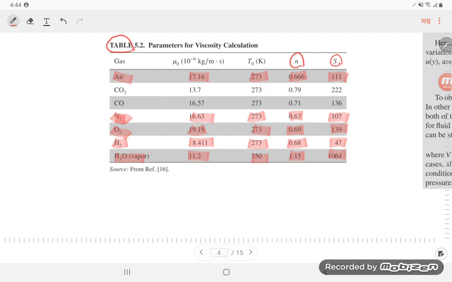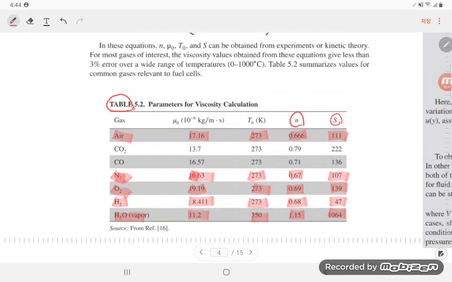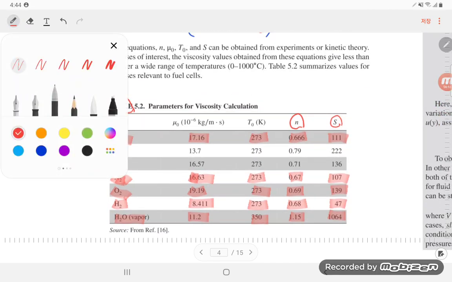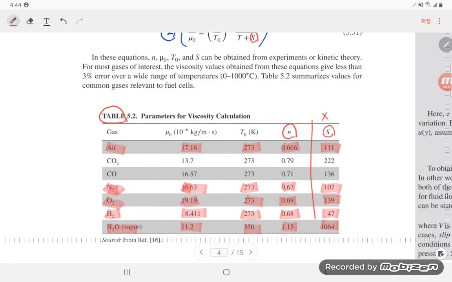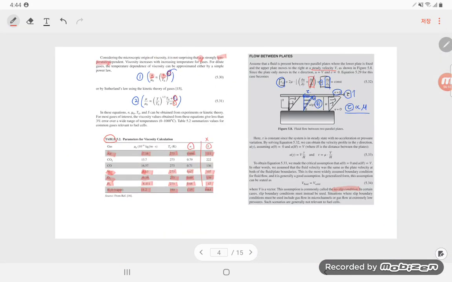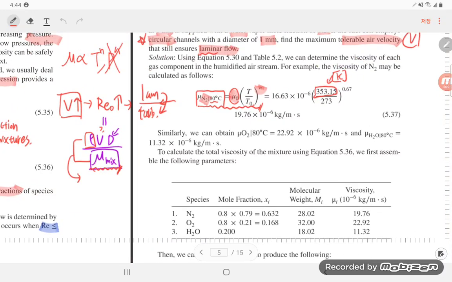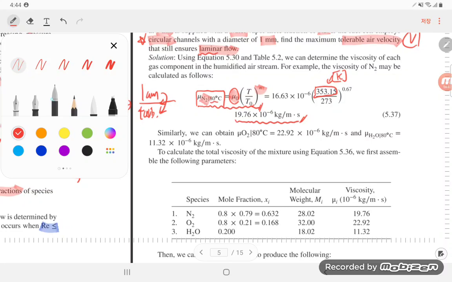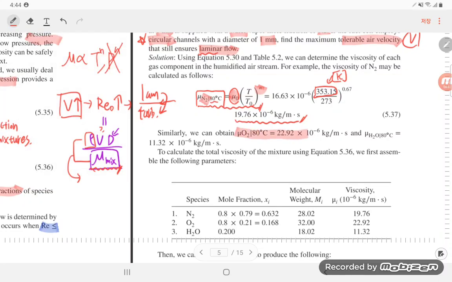Nitrogen has mu 0 as 16.63 and n as 0.67, and we don't consider S here because we use only the first equation. If you calculate this, we can obtain this viscosity. Similarly, we can obtain the viscosity of oxygen gas and water vapor in the same way.